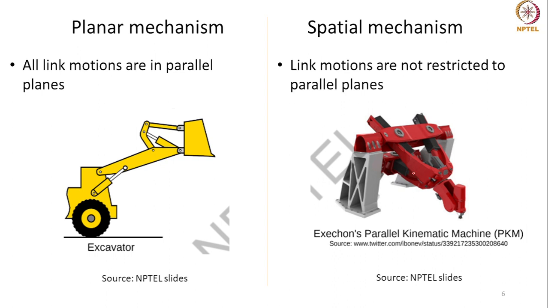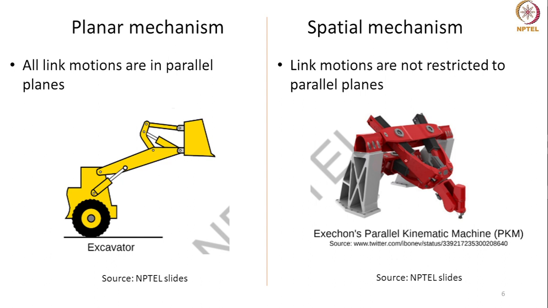We'll define a few other terms. Firstly, I would like to define a planar mechanism. A planar mechanism is one where all link motions are in parallel planes. That means you can visualize the motion of each of the links in parallel planes or a single plane.